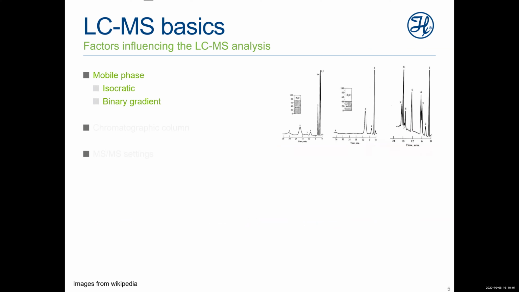The second has a main advantage over the first one, because as you can see in the picture here on the right, changing the isocratic condition can change the time at which the peak exits from the column. But with a gradient, we can combine the advantages of both kinds of isocratic method, obtaining a better resolution and better results. So this is an important aspect that someone who works with LC needs to know and need to develop for each method.